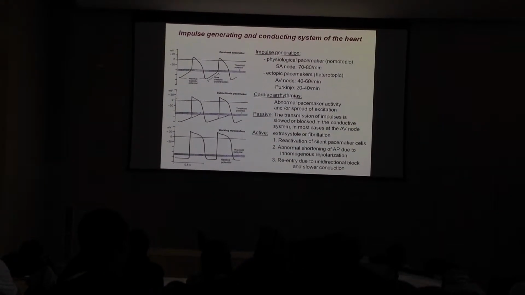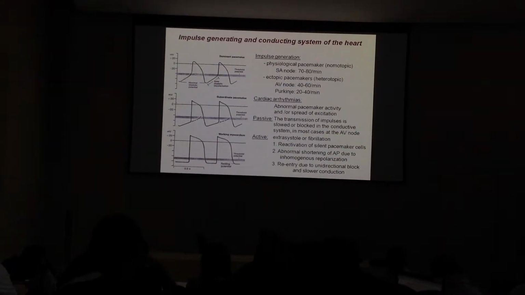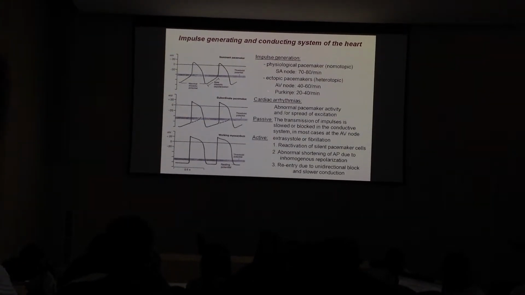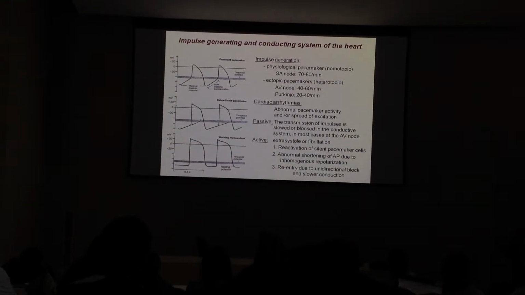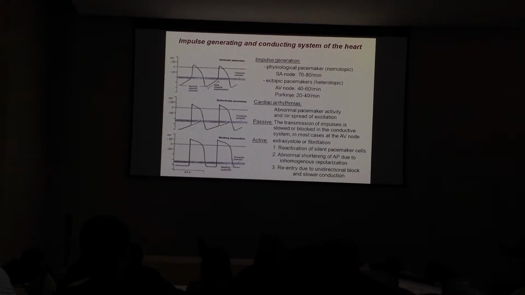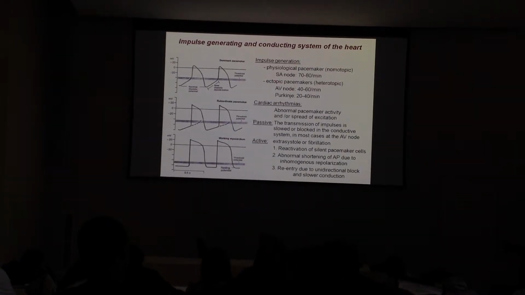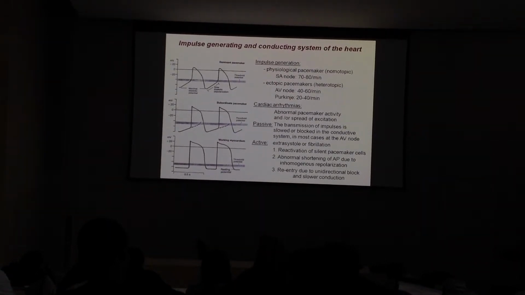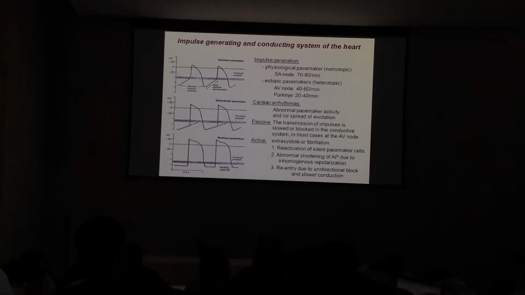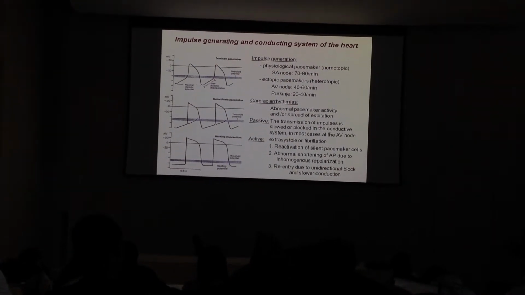Therefore, there is an important mechanism in the human heart that only the SA node will be responsible for the heart rate, and the AV node and the Purkinje cells will be silent and cannot be active in normal circumstances.